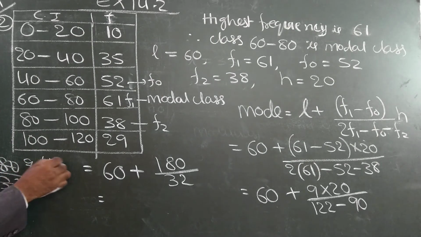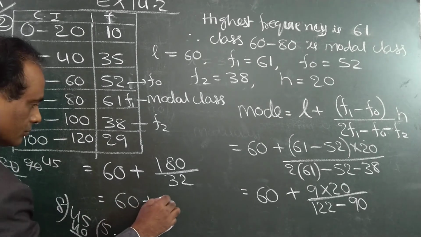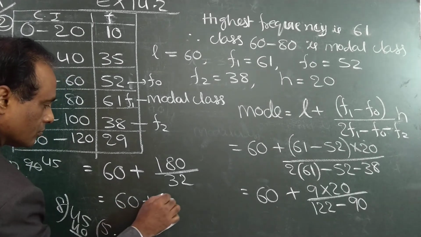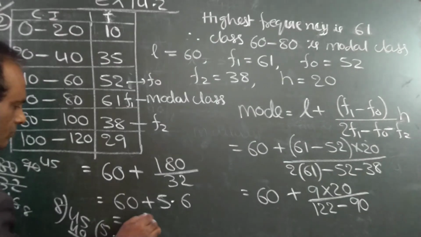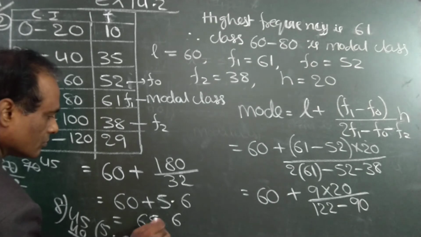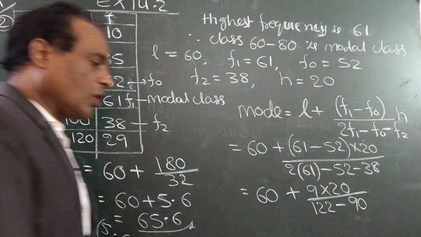Again the 2 table, 45, 8. 5.6 something. So this is about the mode.